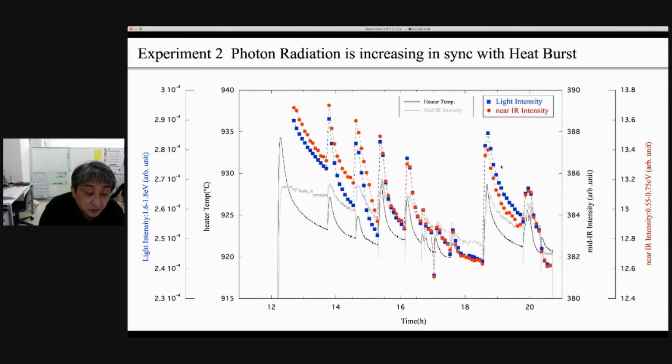The red circle indicates the intensity of near-infrared light, which is an integral of 0.55 to 0.75 electron volt near-infrared light. It can be seen that the visible, near-infrared, and mid-infrared light radiation increase in synchronization with the heat burst.